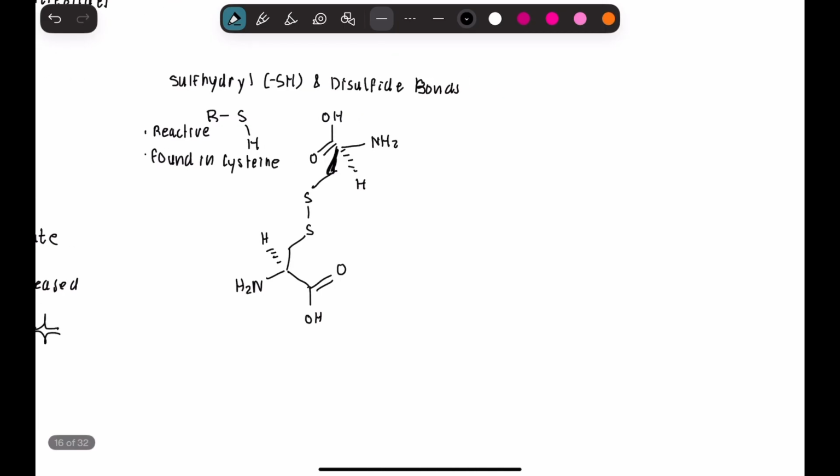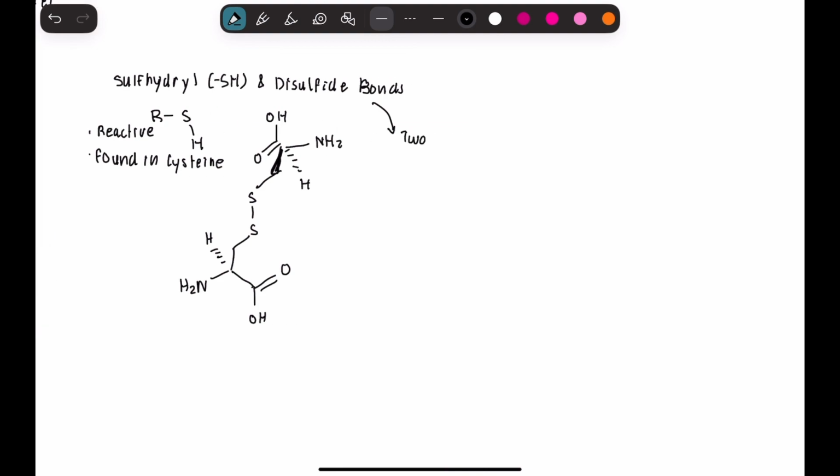Okay, and then your disulfide bonds, that's going to be when you have two sulfurs bonded. What this does is it gives you protein stability.